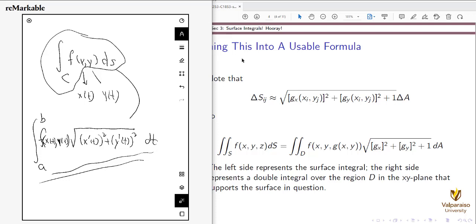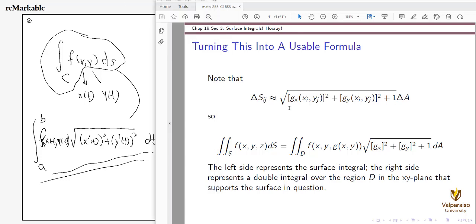A very similar thing is going to happen with surface integrals. And here's how. This version of the surface integral, double integral over a surface of xyz dS, that is just the notation that's presented to you that says, hey, you need to calculate this integral of this function over that surface.